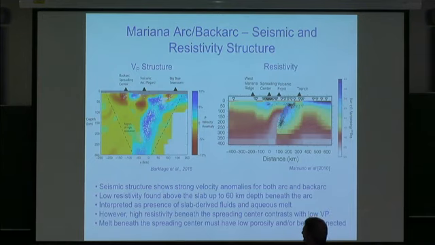So it'd be interesting to see what we see when we get those results for Tonga Lau. But I think there are quite substantial differences between this system and the Tonga Lau system, because the inferred mantle temperatures are higher, and the backarc spreading center here is a slow spreading center, so probably has only episodic melt production rather than continuous melt supply.